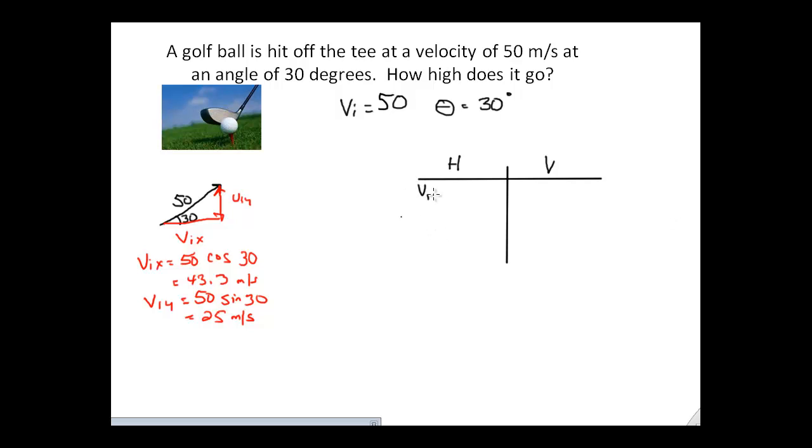So I have VIX is 43.3, VIY is 25, A is negative 10. My initial height will be 0. The final height is what I'm looking for.